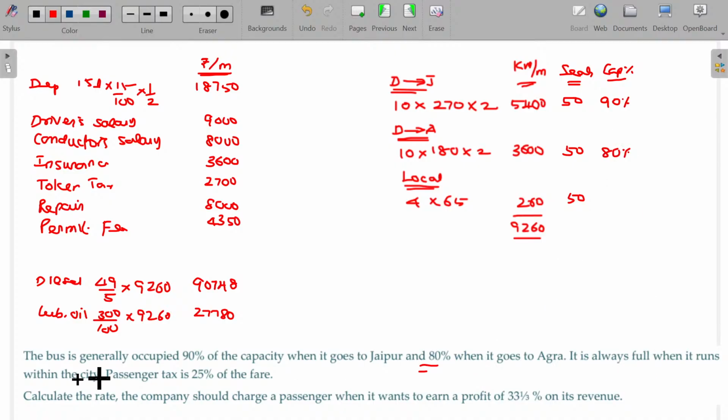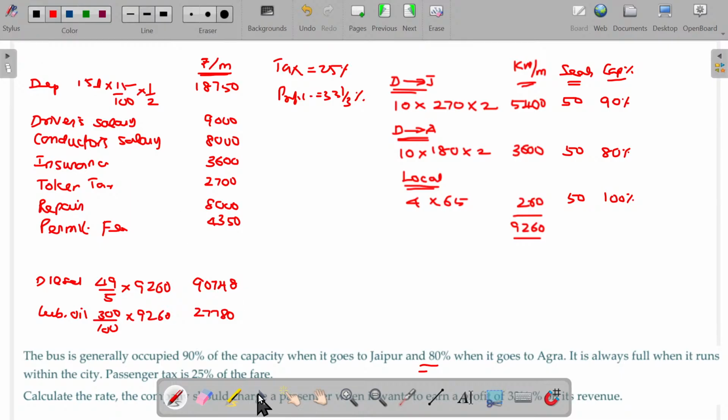It is always full when it runs within the city, 100%. Passenger tax 25% of the fare, and calculate the rate the company should charge a passenger when it wants to earn a profit of 33 1/3% on its revenue. Profit expected being 33 1/3%. Is that clear?